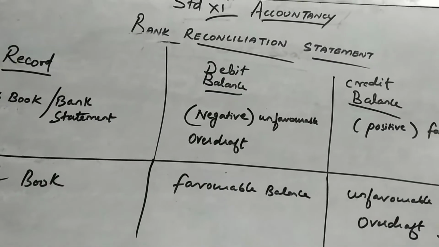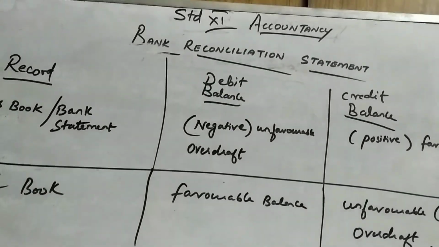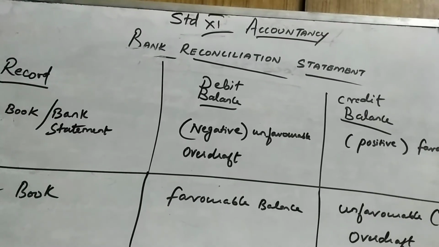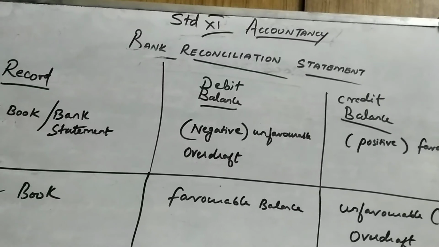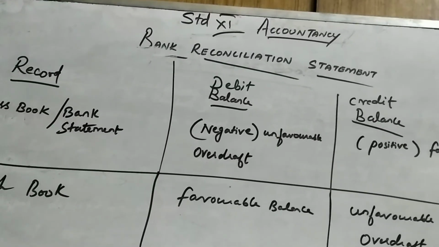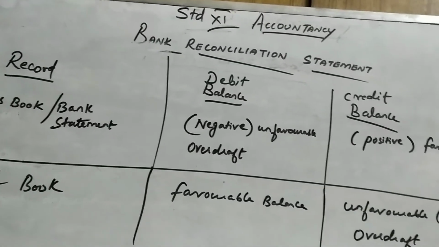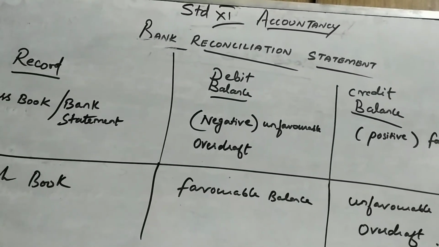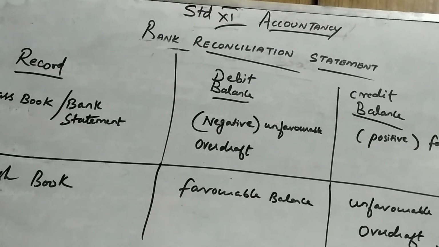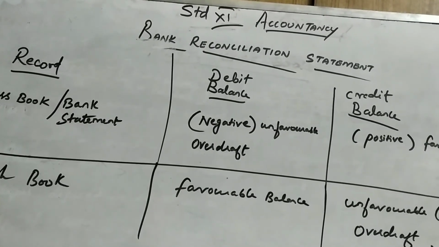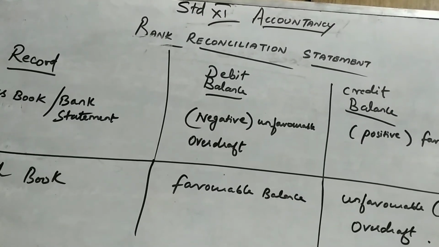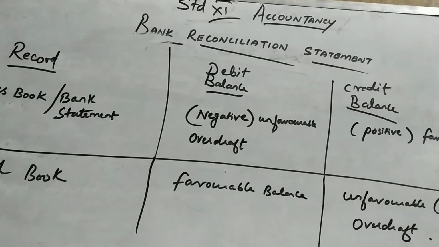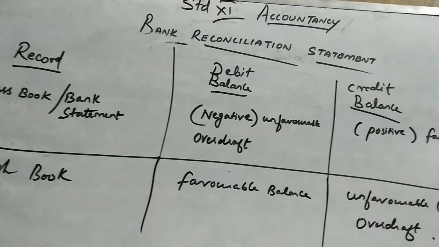Now we are going to see what a bank reconciliation statement is. What does the word reconciliation mean? Let me give you a very simple example. Yourself and your friend have some difference of opinion and you fought, so each one parted ways.